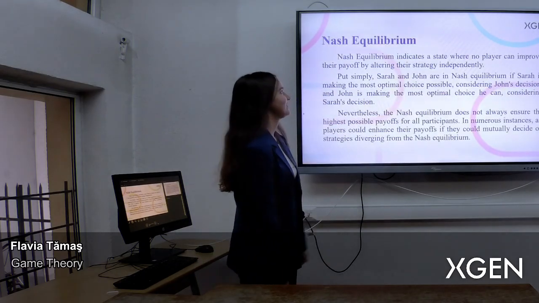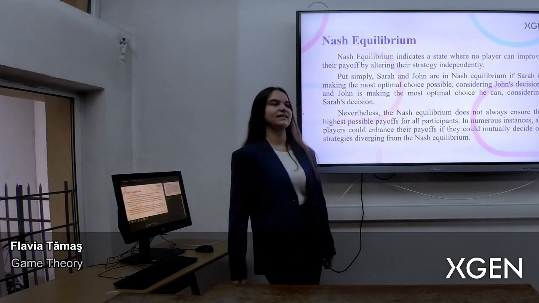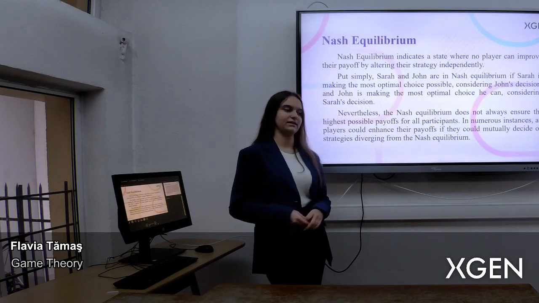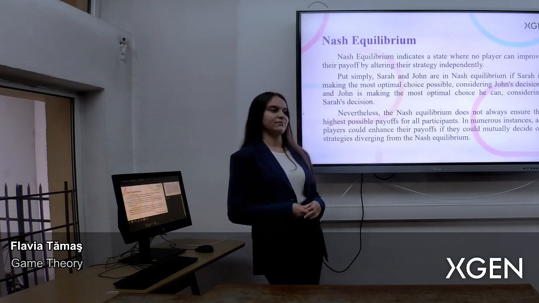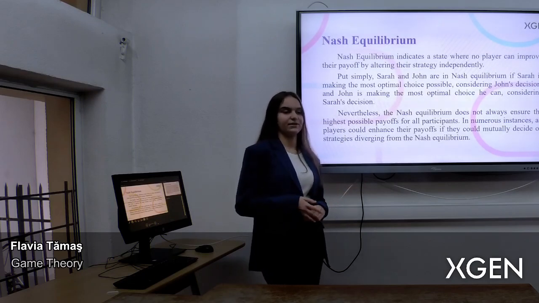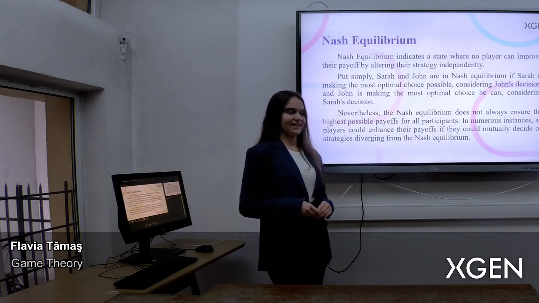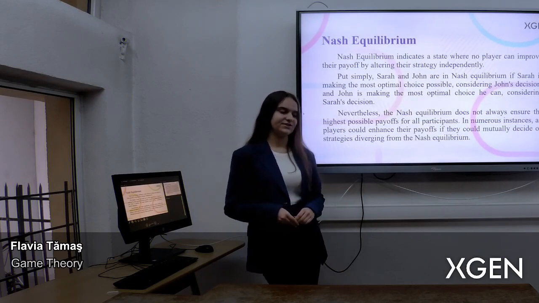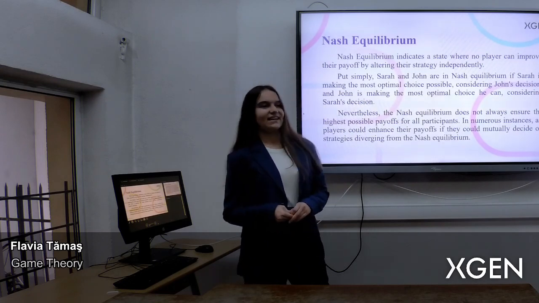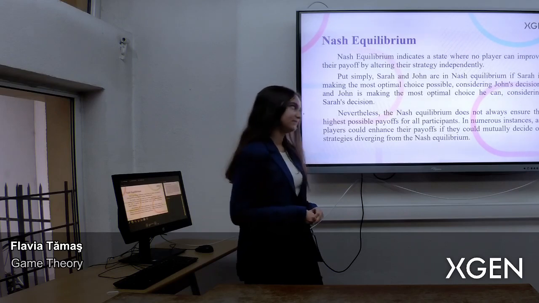And we will move to a very interesting concept called Nash equilibrium. As said here, it's an equilibrium. So if we are playing a game, it represents the most stable state. If Sarah and John are playing a game, they are in Nash equilibrium if Sarah is taking the most optimal decision for her, considering John's decision, and John is considering the most optimal decision for him, considering Sarah's decision.